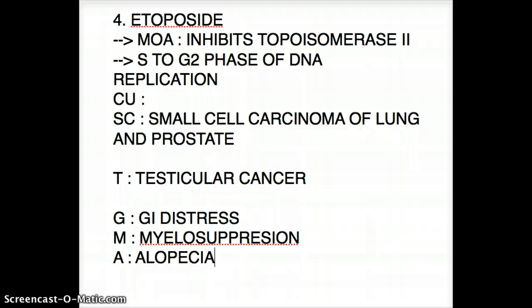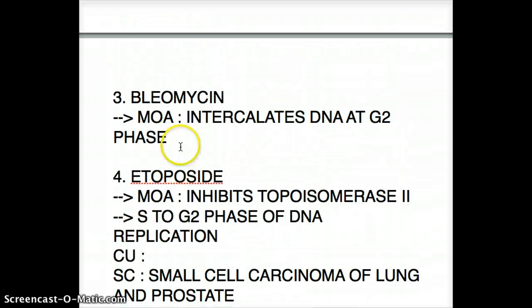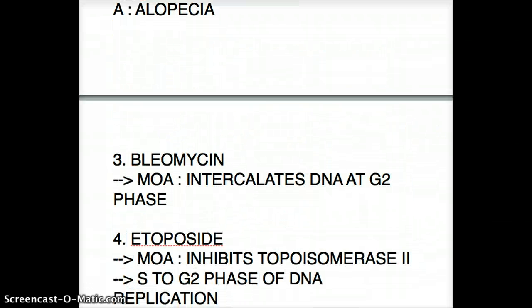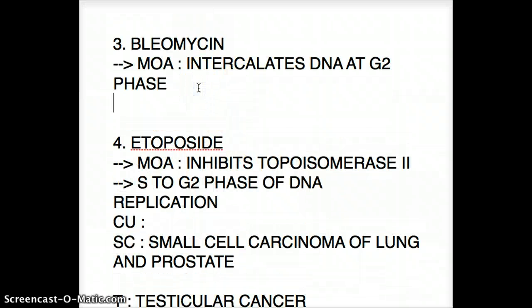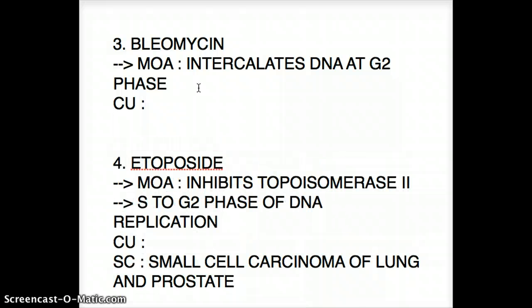Now let's go to the one that we left out, and that is bleomycin. Let's talk about the clinical use and the toxicities of bleomycin. I have a strange one for this too. I have the clinical use and the toxicities mixed together, and whenever I write it down, I choose which one is what.